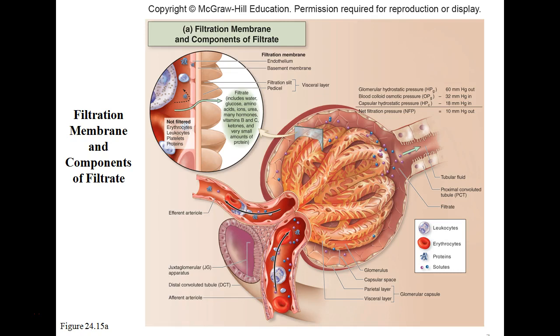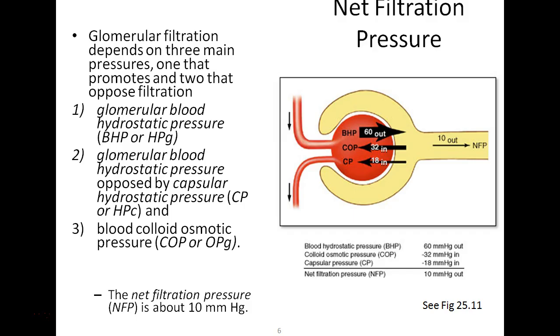And then our third source of pressure is the capsular hydrostatic pressure. That's going to be the pressure within the glomerular capsule, and that's due to the amount of filtrate within the capsular space. So together, once we look at all the forces and see what cancels out, we get an overall net filtration pressure of 10 units.